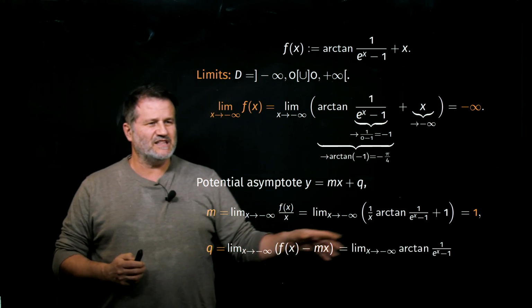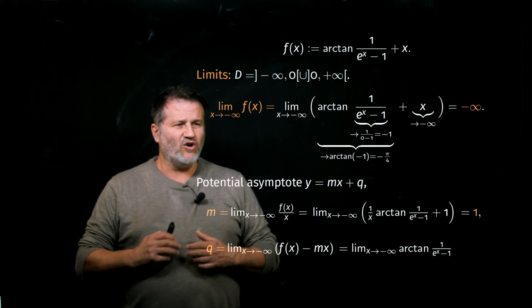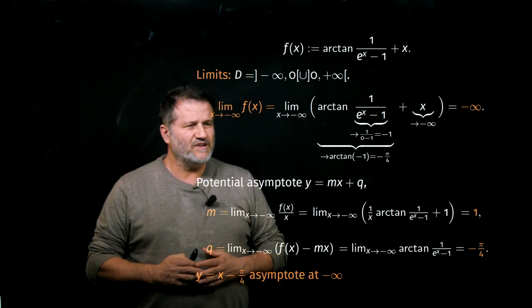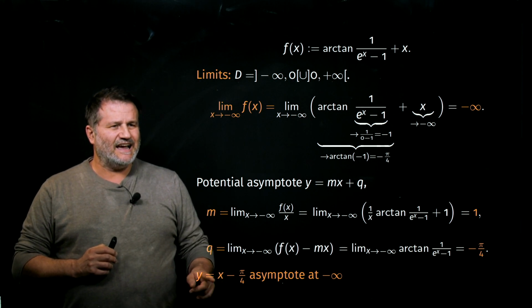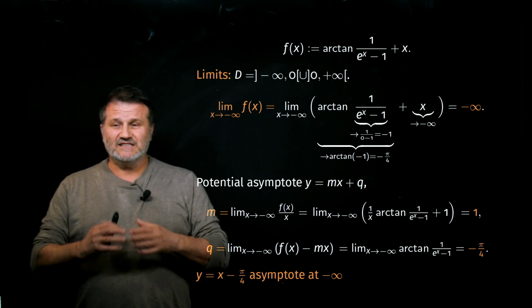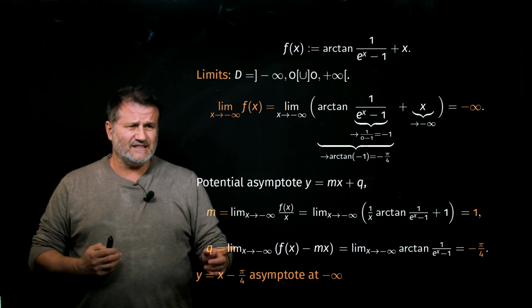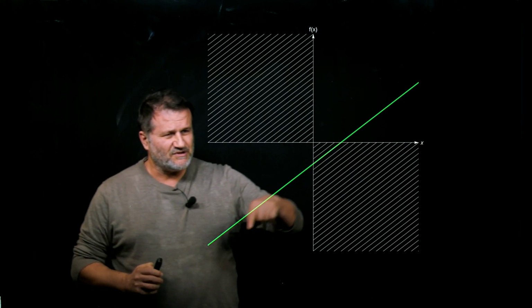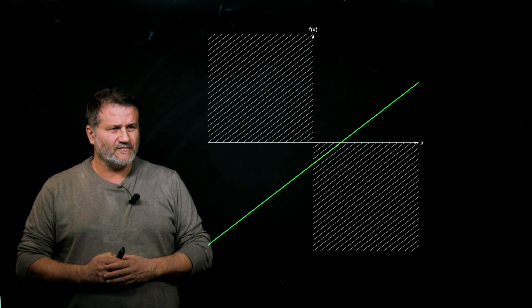So we have just the limit for x going to minus infinity of the arctangent of 1 over e to x minus 1, and this has been already computed above. It is minus pi over 4. So we conclude that this straight line, y equals x minus pi over 4, is an asymptote at minus infinity. This means that the function will look like this straight line at minus infinity. So this is the straight line, and we just plot it in our figure.